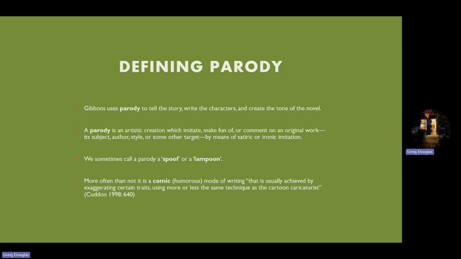And this is usually by means, again, of imitation that is satirical or ironic. By satirical or ironic, I just mean these are kind of interchangeable terms, but they basically mean I'm making fun of something. I'm poking fun at it. I'm spoofing it. It's a lampoon. These are other words we have for parody.